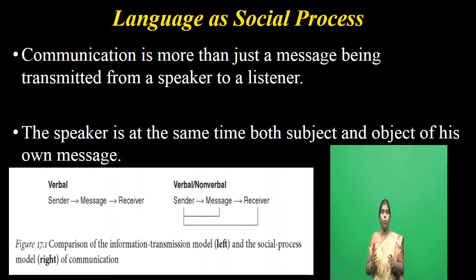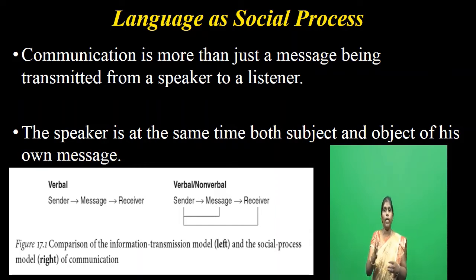The speaker is at the same time both the subject as well as the object of his own message. In other words, the listener will always also be a speaker, and the speaker will always be a listener. So both the speaker as well as the listener have to play dual roles here.